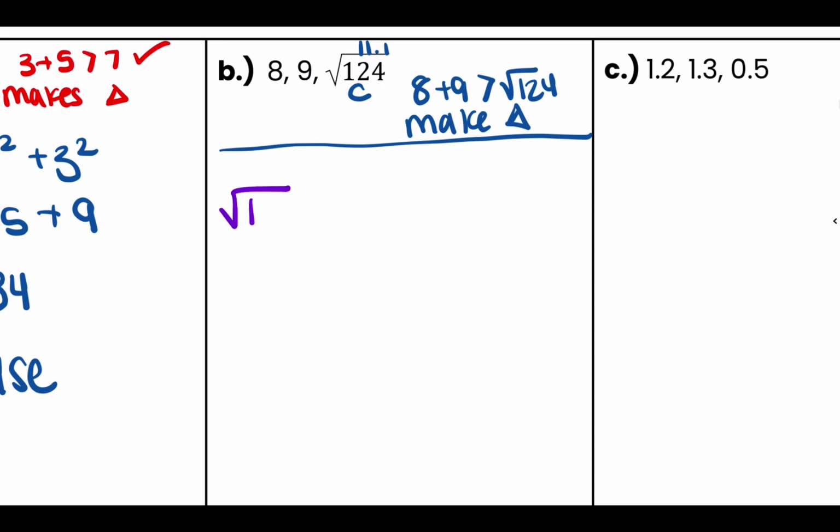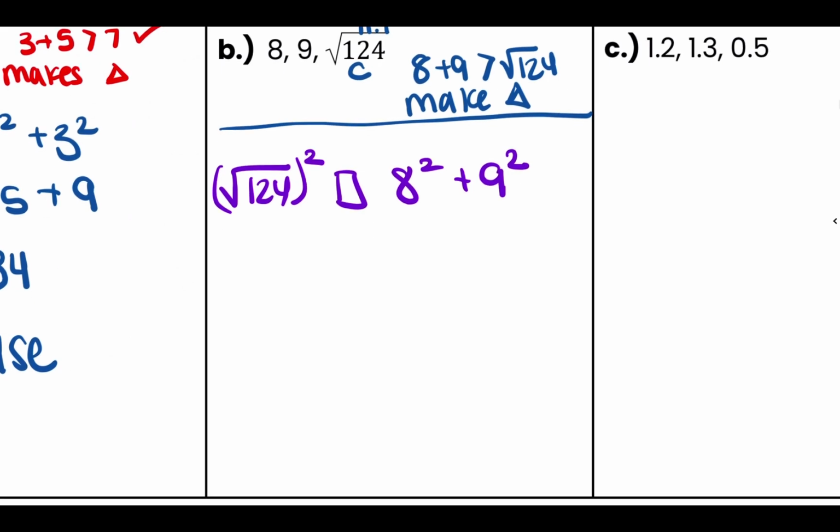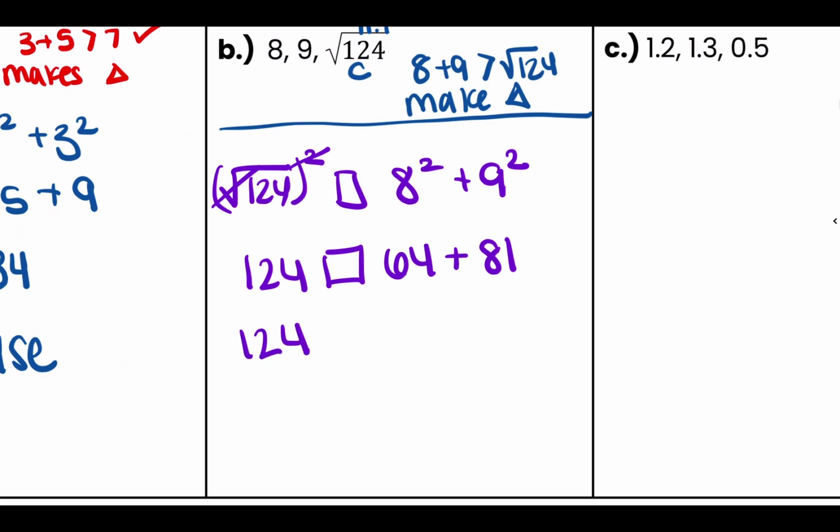So the square root of 124 squared, see how that compares to 8 squared plus 9 squared. The square root and the squared cancel each other out. So that's just 124. And we're going to see how that compares to 64 plus 81. Bring down your 124. 64 plus 81 is 145, which is greater than 124. So this is an acute triangle.